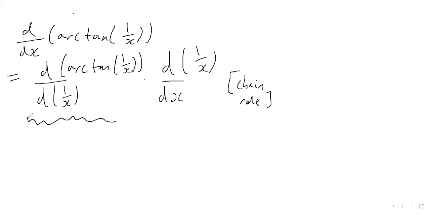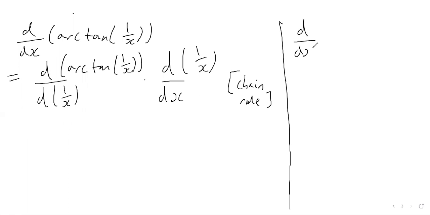So now we want to differentiate this arctan function with a variable of 1 over x. We've actually done this in a previous video. We've already differentiated with respect to x the function arctan of x, and the result we got was 1 over 1 plus x squared.